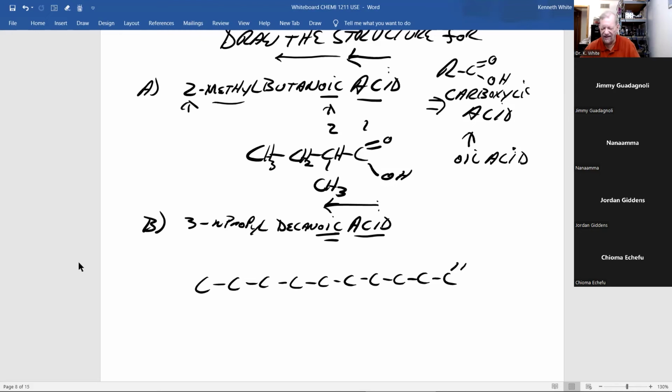And at one end, and I'm going to do the right, you could do the left, you have a carboxylic acid. And this is carbon 1, 2, carbon 3. I have an N-propyl, 3 carbons. The N carbon is bonded to the chain. I know there are 4 bonds to carbon, so I better get to work.